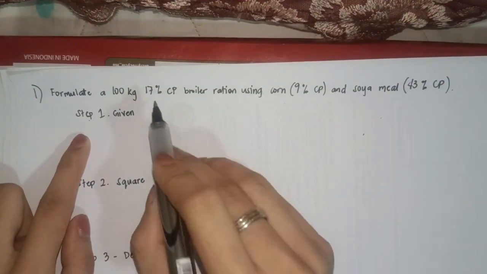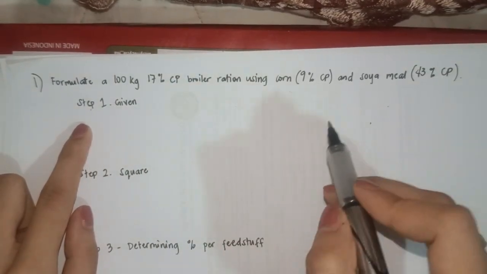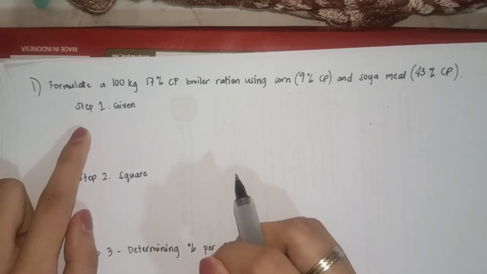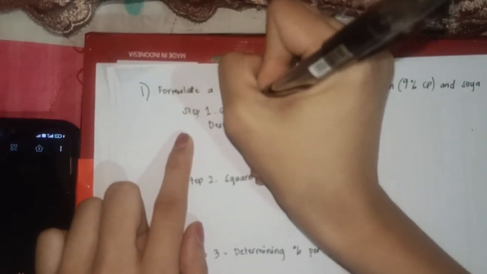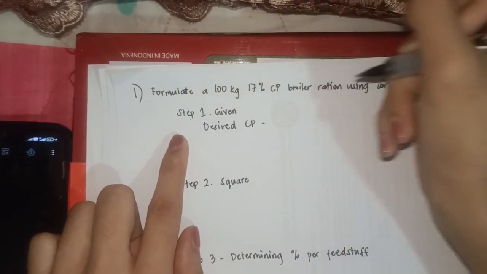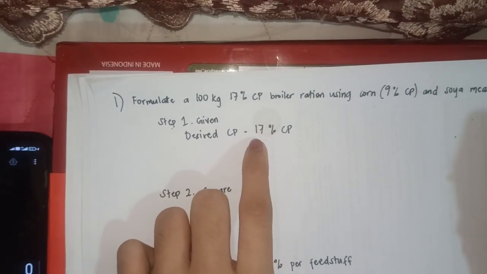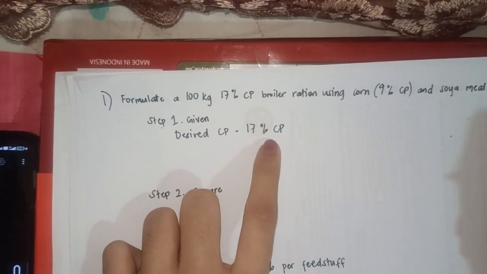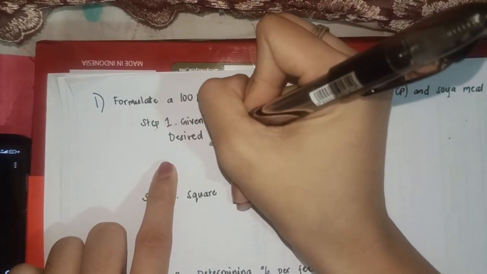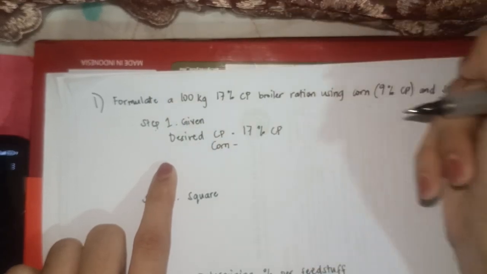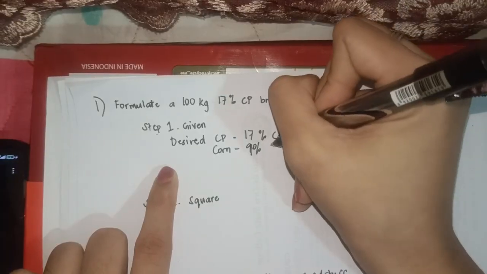First, we will determine the givens for step 1. Of course, the 17% CP broiler ration is our desired crude protein for the broiler. So let's write desired CP, which is 17% CP. This is the nutrient requirement for the broiler ration. Next is the corn, which has 9% CP.